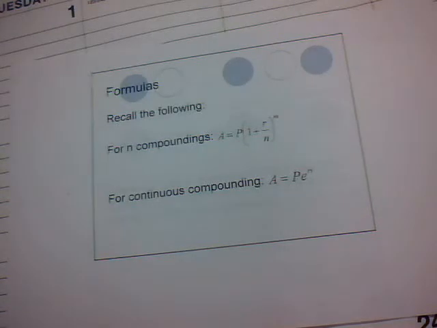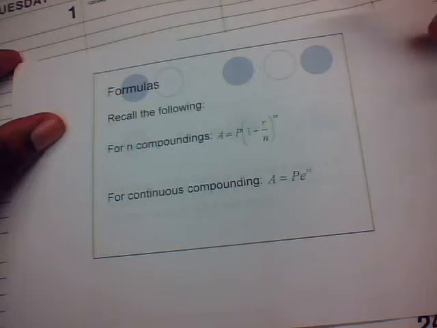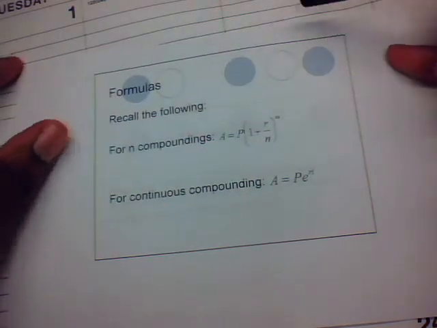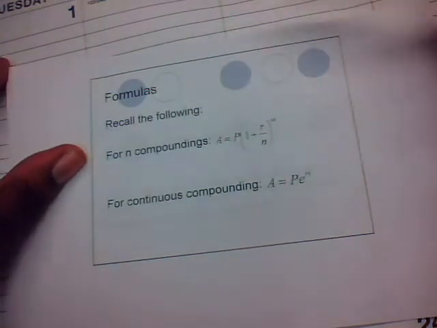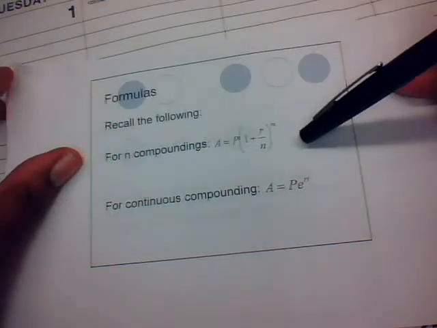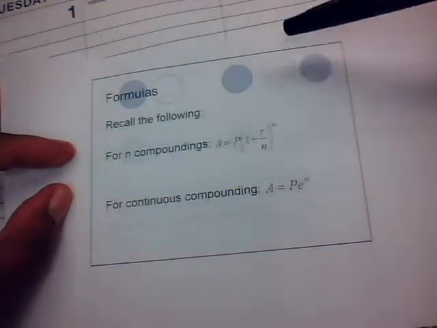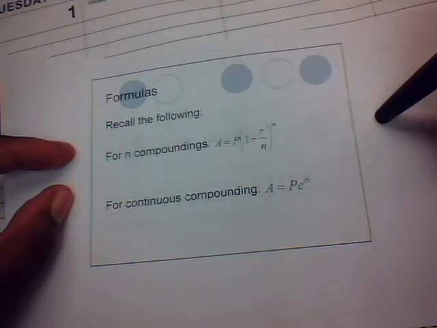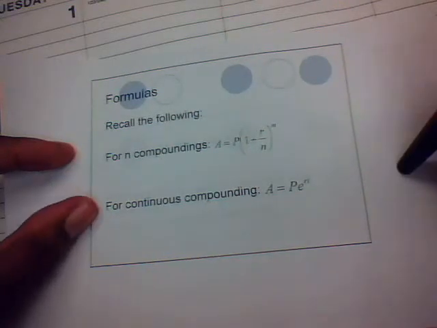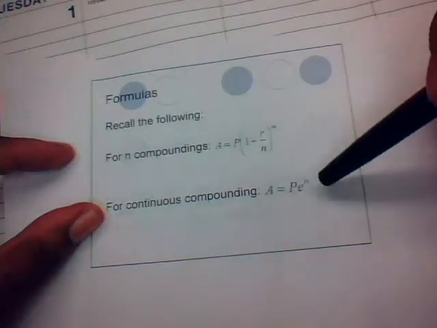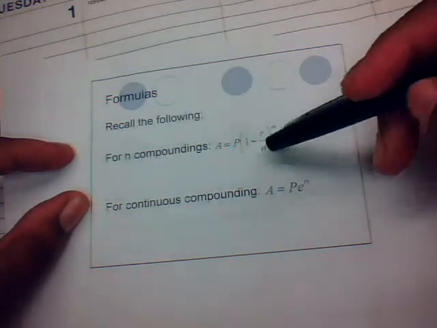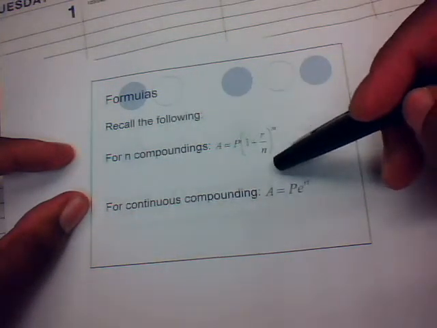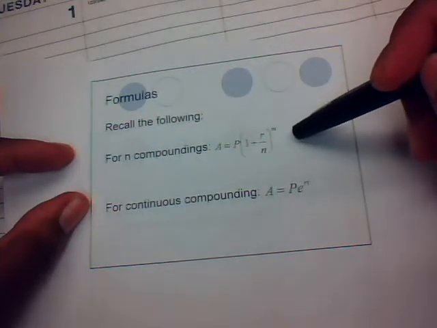Okay, if you remember in one of the videos that we talked about for exponential functions, we had these two formulas here. For n compoundings, whether it's compounded semi-annually or quarterly or monthly or daily, we have to use this formula: A is equal to P times the quantity 1 plus r over n raised to the n times t.